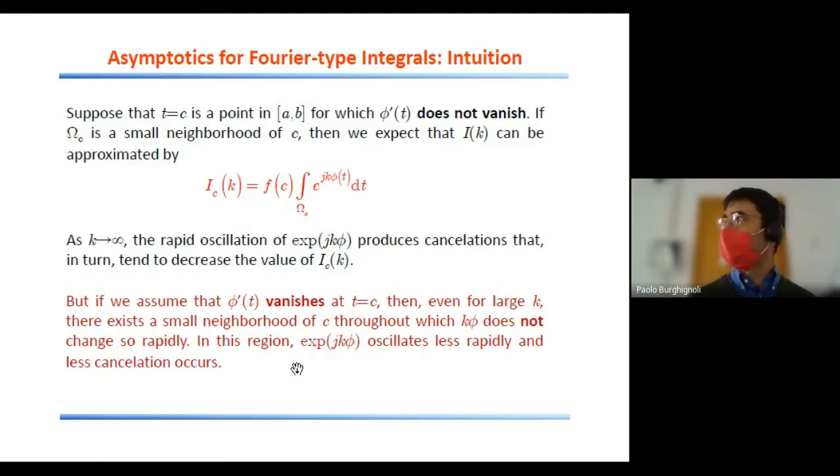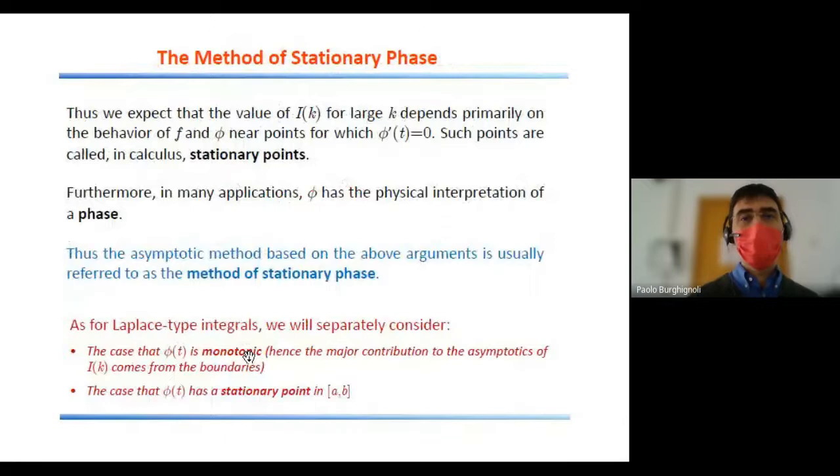So this is the reason why we expect that the dominant asymptotics of a Fourier integral comes from the points where phi prime vanishes. And this gives the name to the method. Since in many applications the function phi has a physical interpretation of a phase, the method for asymptotically evaluating this kind of generalized Fourier integrals is known in physics as the method of stationary phase.